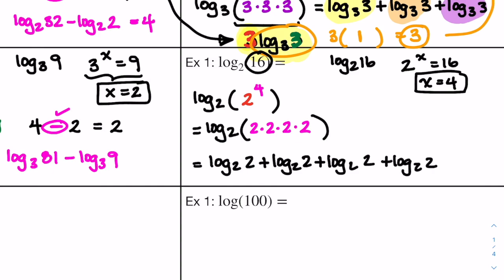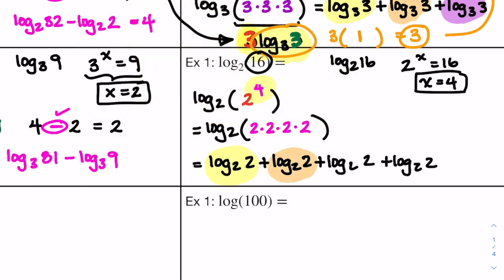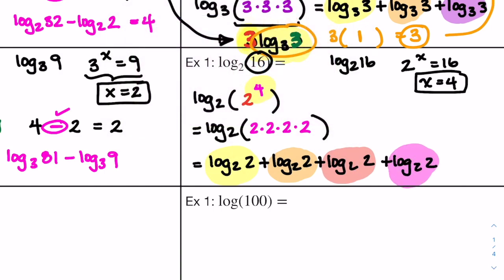So again, you see that the exponent, the 4, tells us how many copies of that log we have. So that's 1, 2, 3, 4. So we had 4 copies of that. So pretty much it's the same as taking this power and just throwing it in the front. Because I can rewrite all of this as 4 copies of log base 2 of 2. See how the 4 kind of jumps to the front?